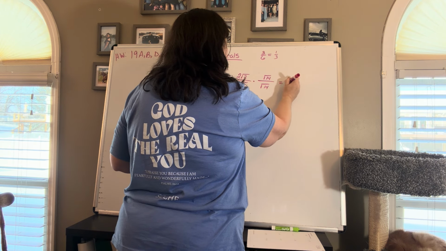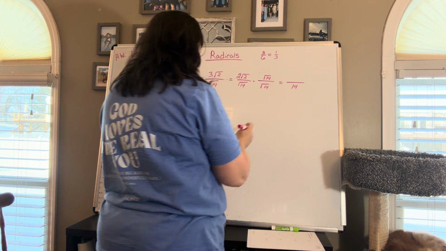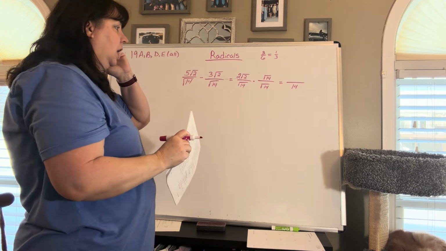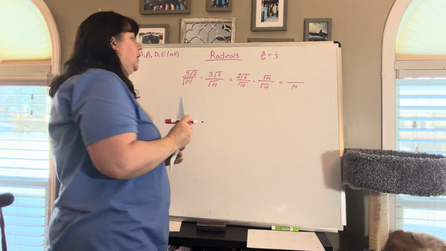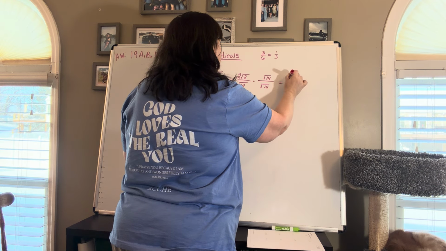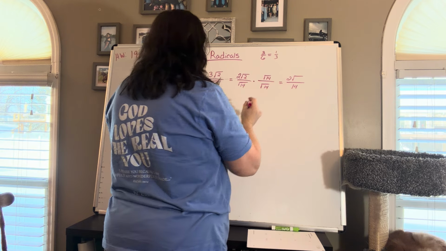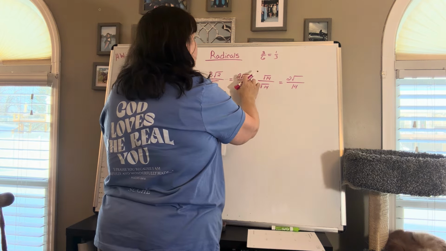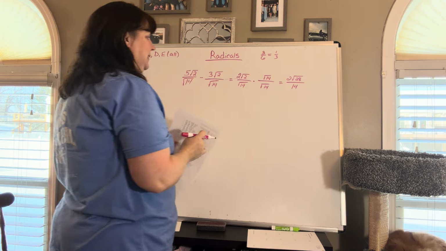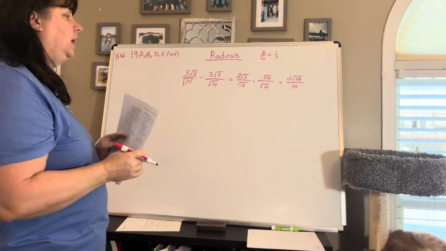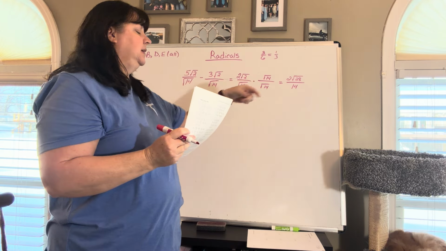And we know when we do that, we're going to have 14 on the bottom because squaring it undoes the radical. And I'm still going to have 2, right? But now I have radical 2 times radical 14, which is radical 28, because when we multiply radicals, we just multiply what's inside the radicals.